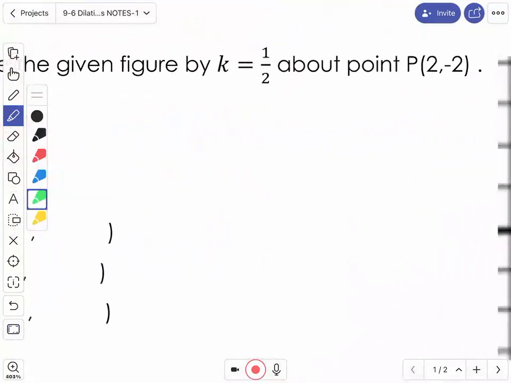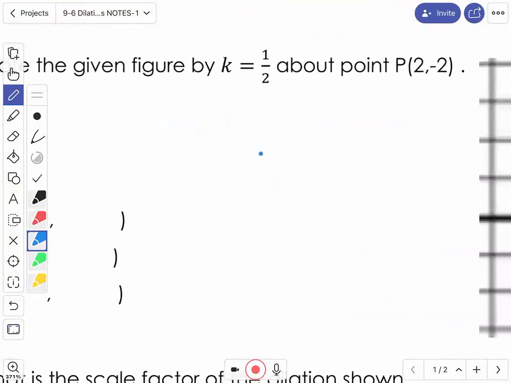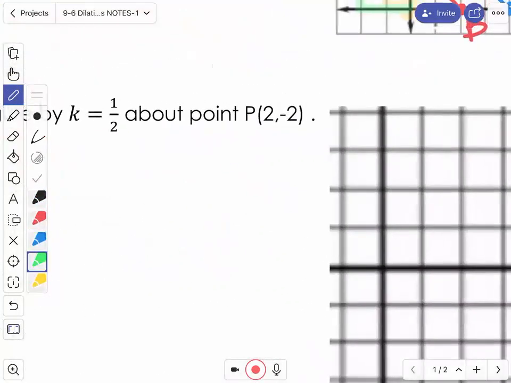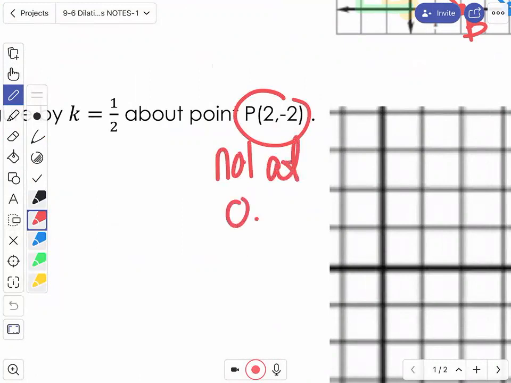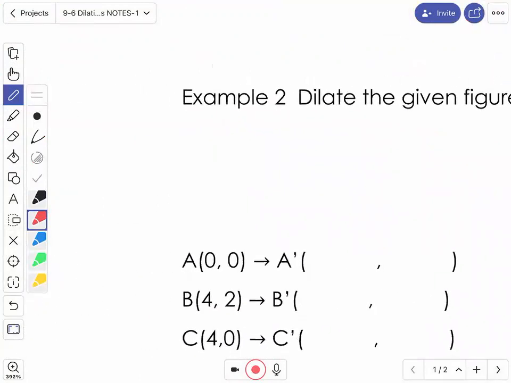Let's keep moving. Example 2, dilate the given figure by k equals 1/2 about the point 2, -2. This time, we are not at the origin. So we have to do two things here. Step 1 is we're going to graph the original one and find rise over run.